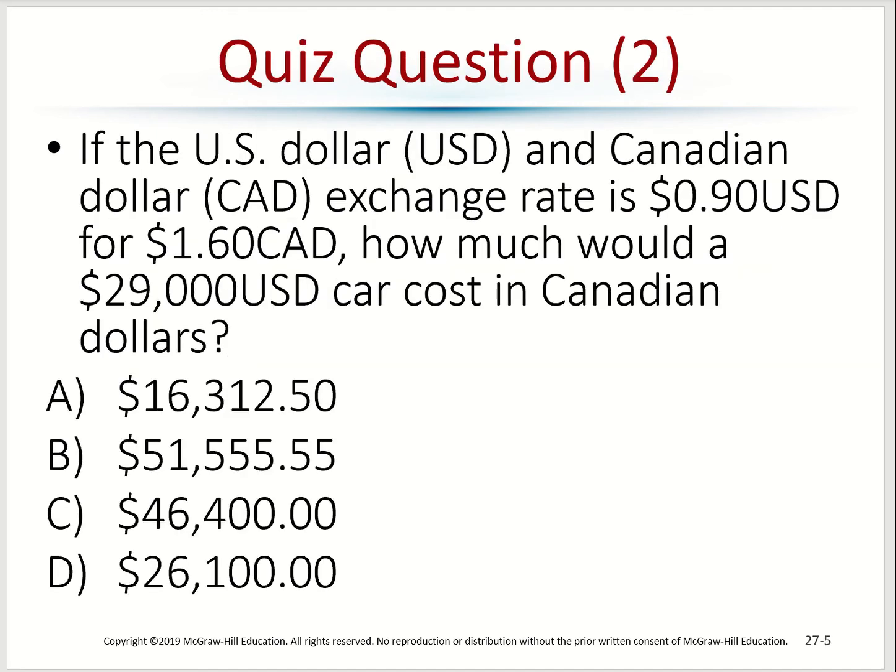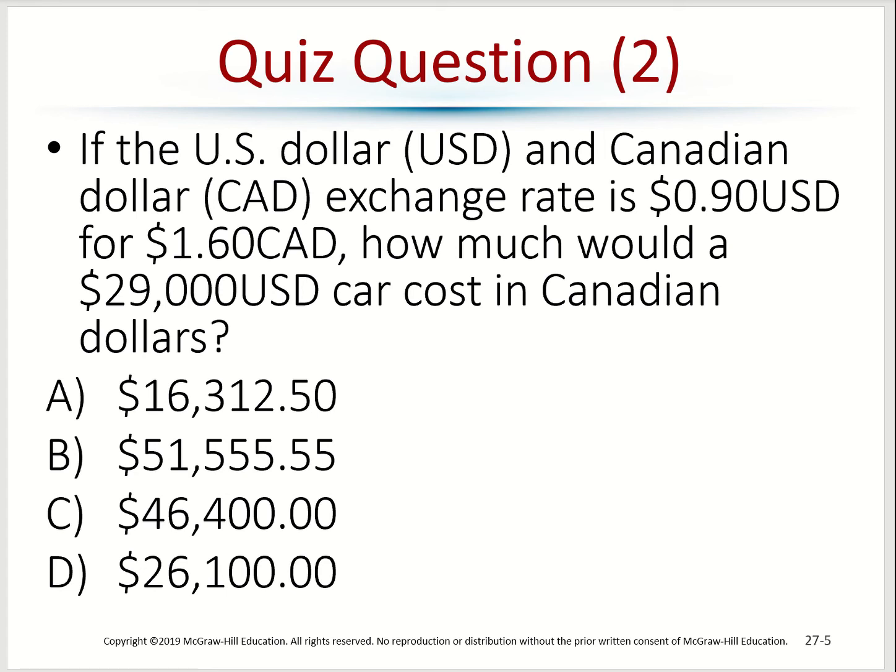Now normally I don't show you guys examples on the quiz, but let's go over this one question here. If the US dollar and the Canadian dollar exchange rate is 90 cents US dollar for $1.60 Canadian dollar, how much would a 29,000 USD car cost in Canadian dollars? What you want to do is set up a simple cross multiply, right?